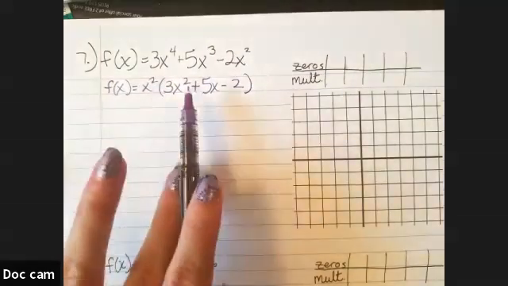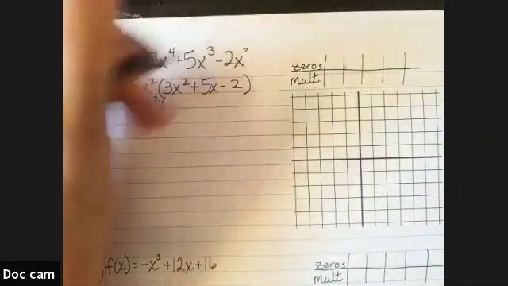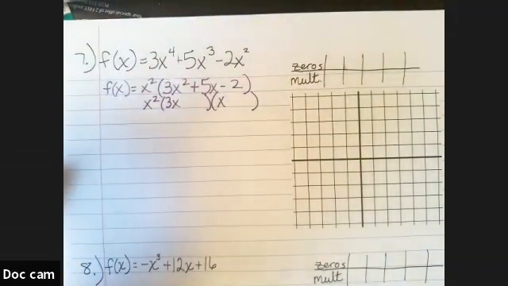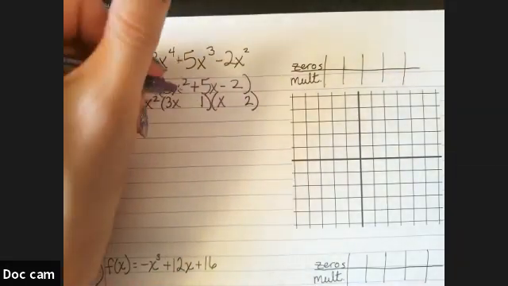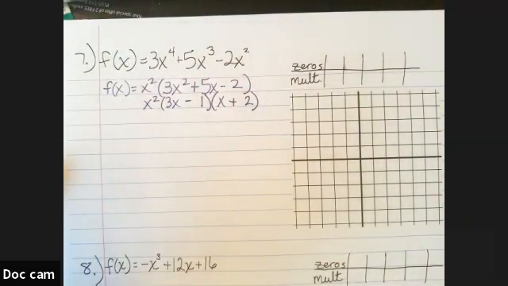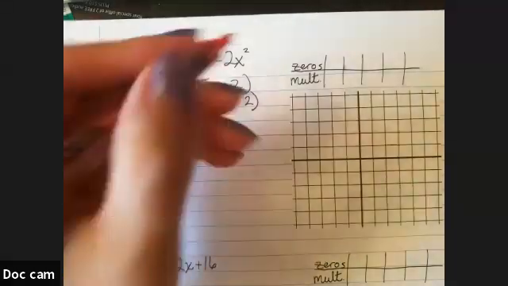All right, now this is just a quadratic, so I could probably just factor that. Okay, yeah, that works. All right, so I've got a 0 at 0 with a multiplicity of 2.